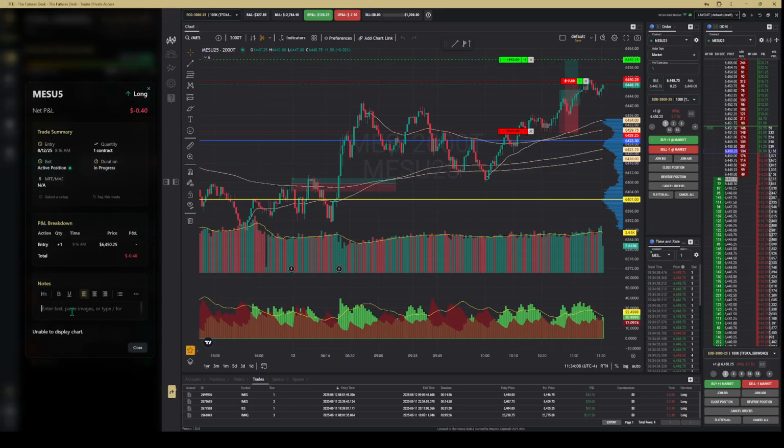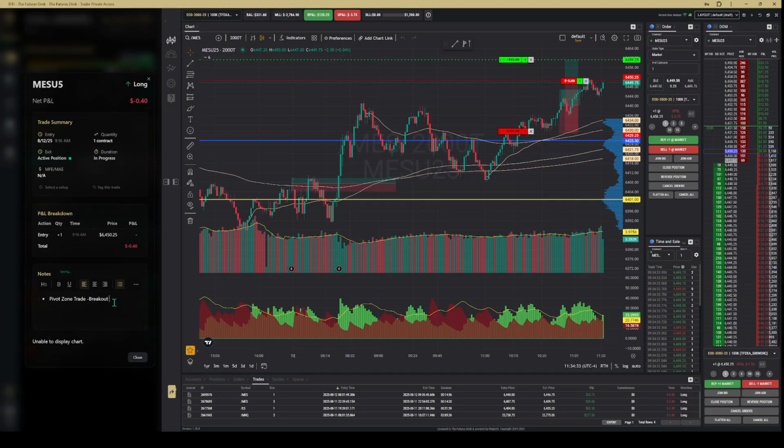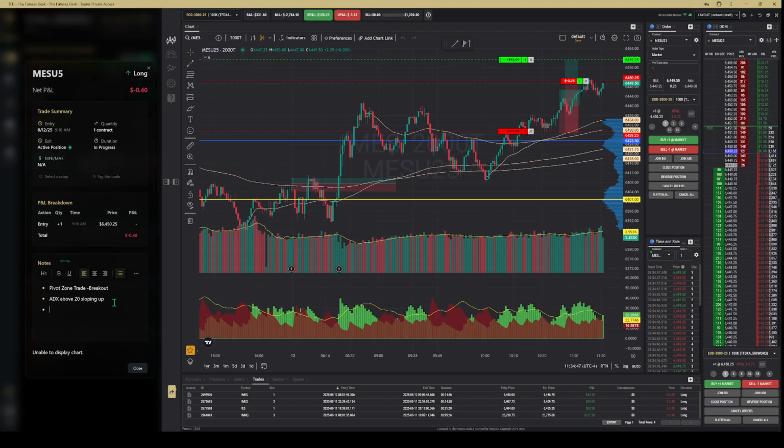Okay, so we can enter our notes here. So this is a pivot zone trade, breakout. We'll add some bullets here. So we could say ADX above 20, sloping up.